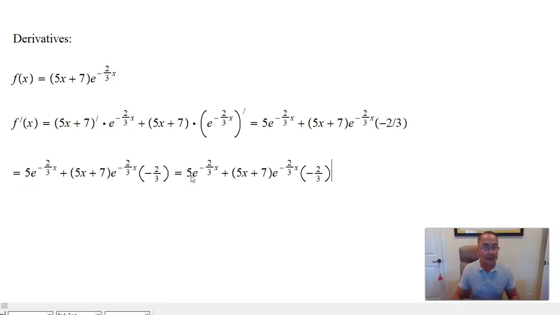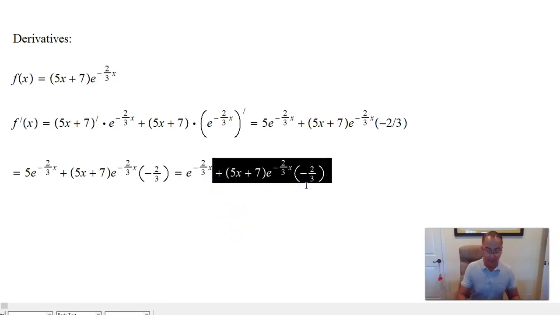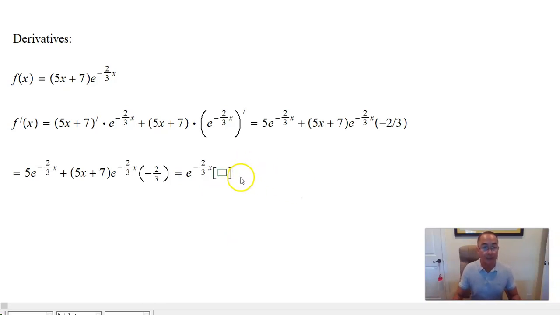Okay, so that will be outside, and then inside, let's bracket this. Okay, whoops, hang on a sec. Okay, don't you just hate it when you delete something you didn't want? There we go. So repaste. Okay, we have a 5 here. And this one also goes outside of the brackets.